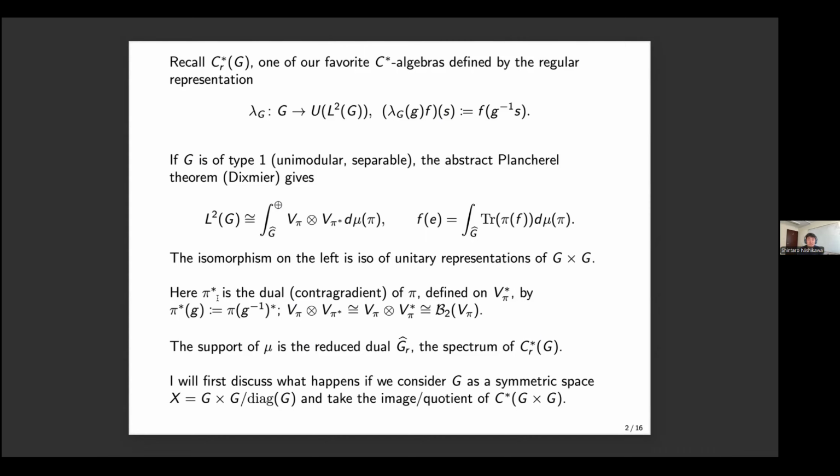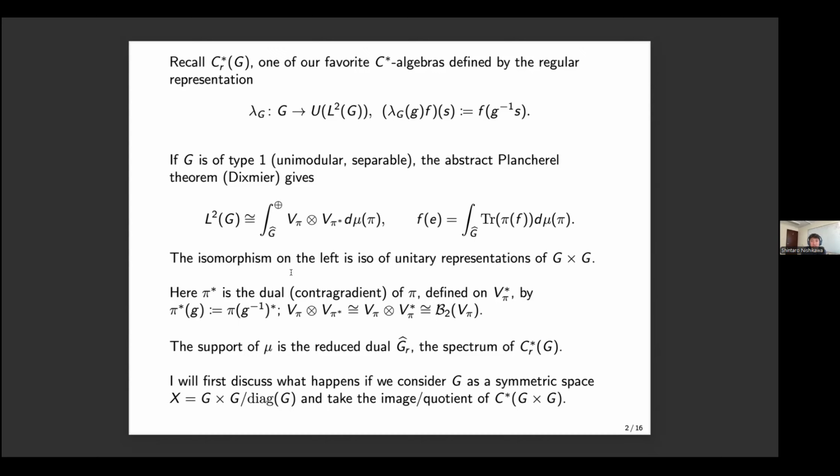Just in case, I will remind you: if H_pi is a unitary representation of G, then pi star is defined as the dual, sometimes called contragredient, on the space of linear functionals H_pi star, by the formula pi star of g equals pi of g inverse, star.